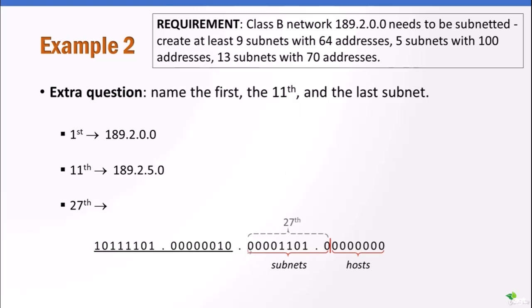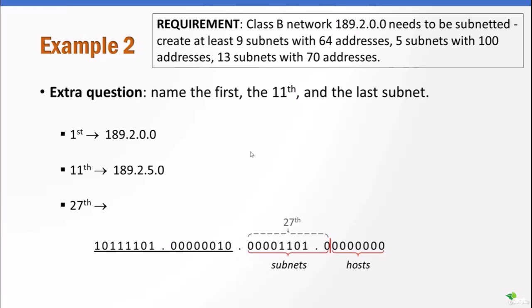If we look at these 9 bits, this 0 is 1, and then this 1 is 2, and then this 0 is 4, and then this 1 is 8, and then this 1 is 16. When we add all of those up, that's going to be 26.